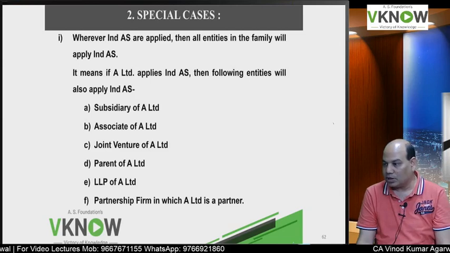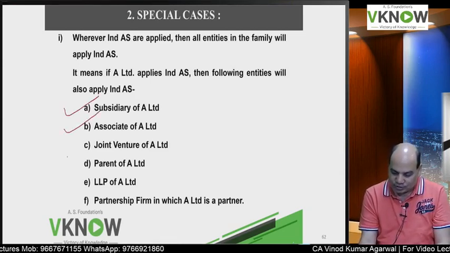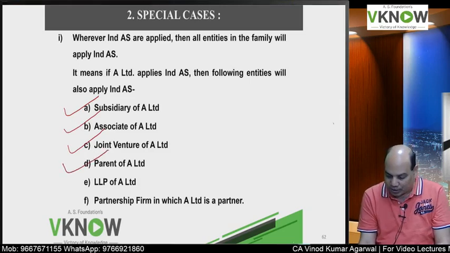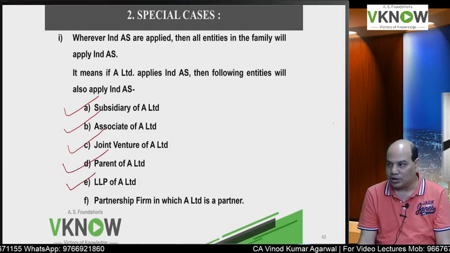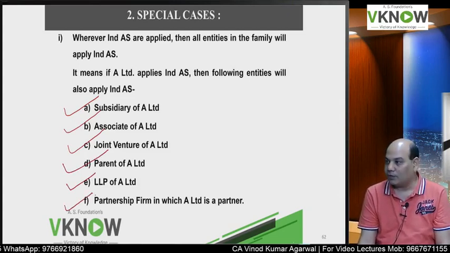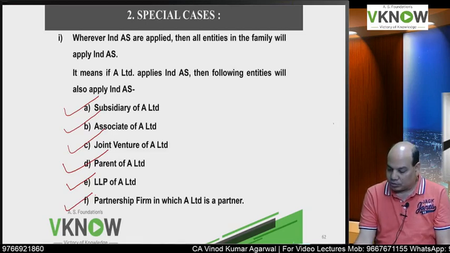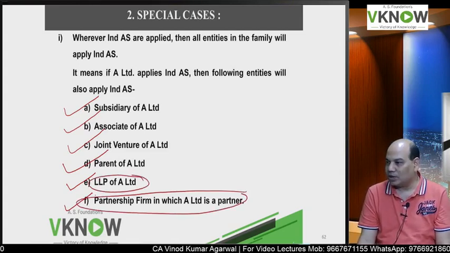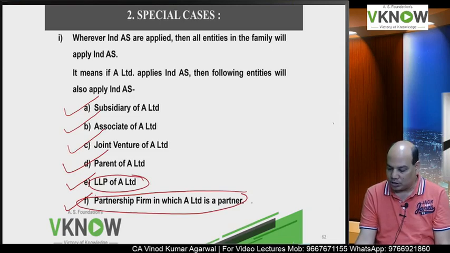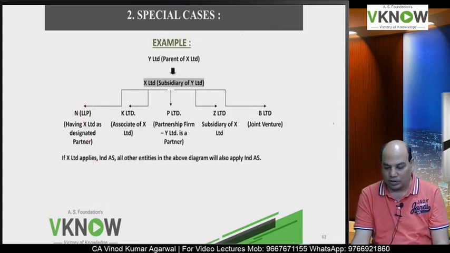It means if A Limited applies Ind AS, then the following entities will also apply Ind AS: subsidiary, associate, joint venture, parent, even LLP, because LLP is also consolidated, and even the partnership firm in which A Limited is a partner. For the purpose of consolidation, they will also prepare financial statements as per Ind AS, so that they can be consolidated with the parent company. So this is that example.